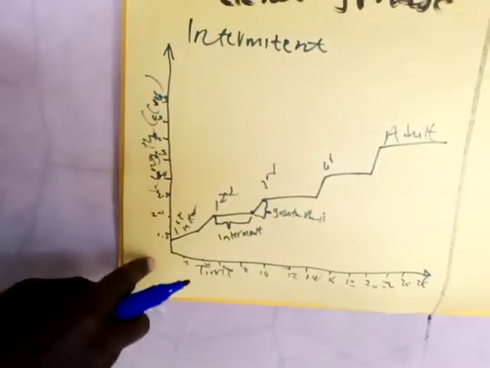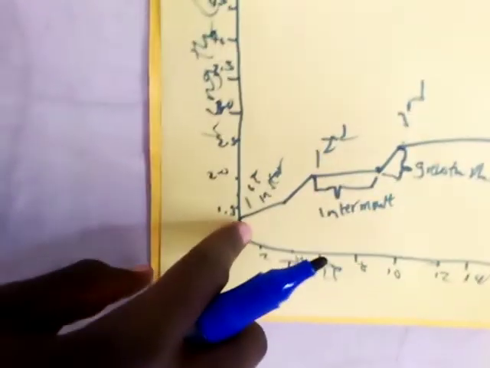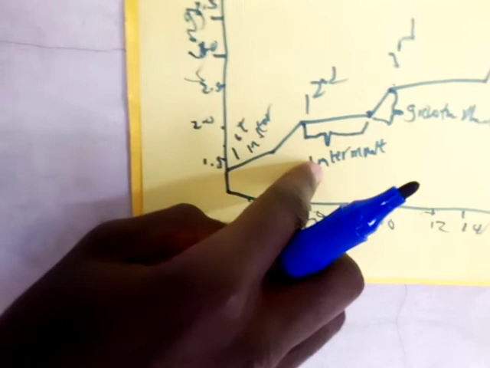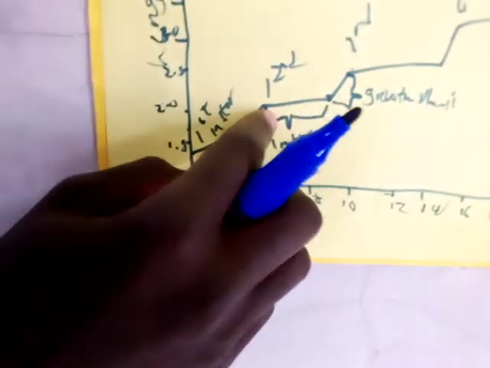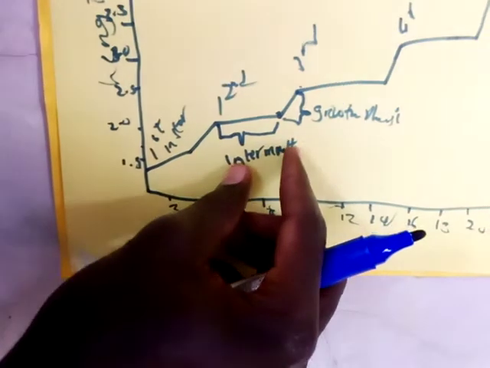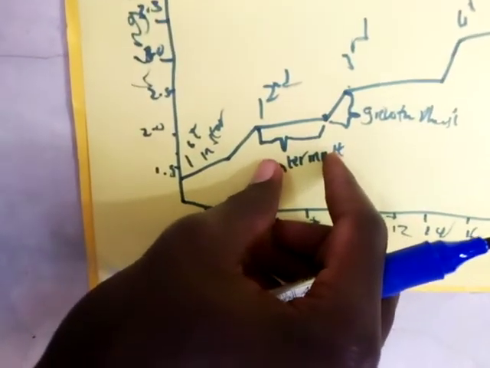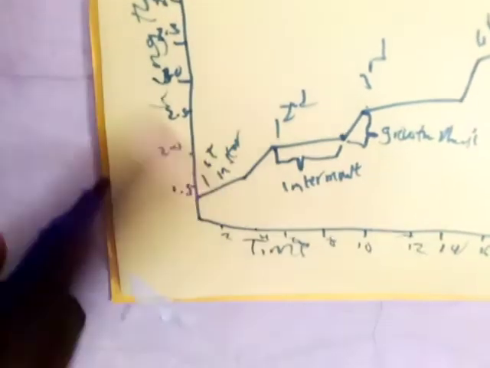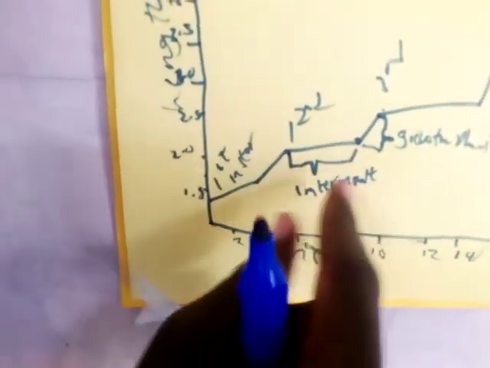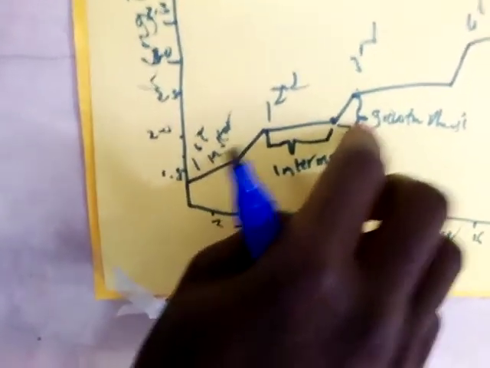So you can look at what we have within this graph. You find that within the intermediate part, this is where we have molting taking place. So in this case, this is where we said that the cells can still divide, but because there is presence of the exoskeleton, we cannot have the expansion of the cells. But in this area, we have the growth phase.